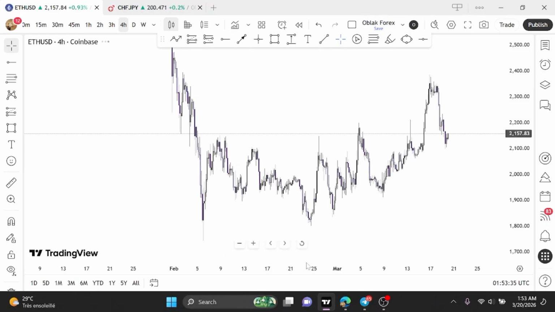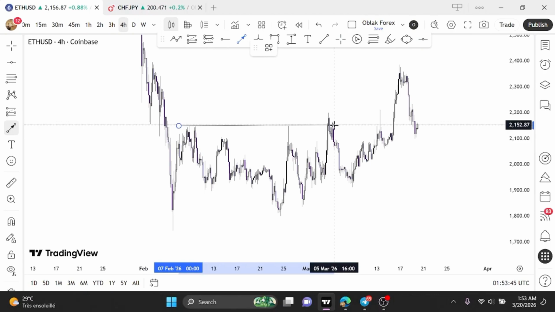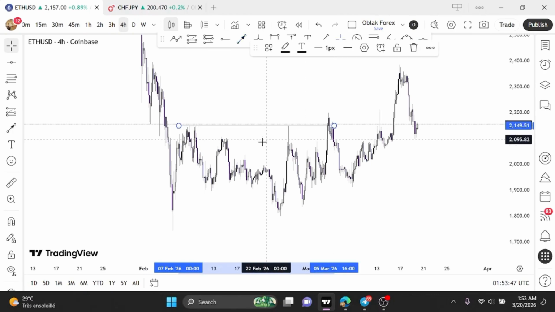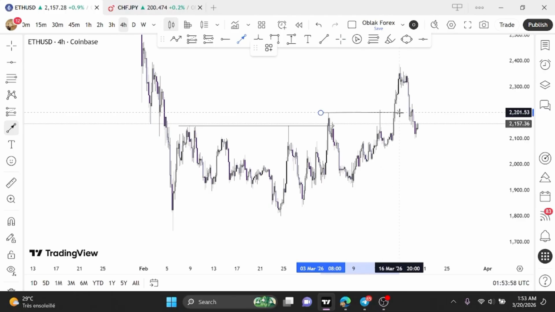On the 4 hour, you can see that we have this first high that was taken out, and we had a reversal that took out a low and bought, and we had another break of structure here.